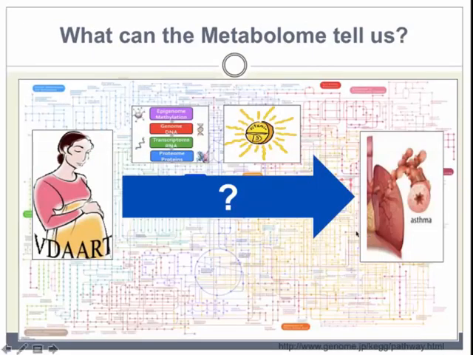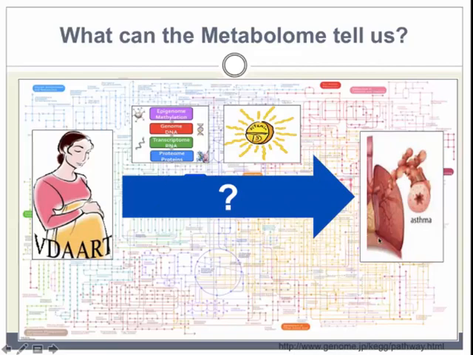Putting this pictorially, here we have the vitamin D cohort, the pregnant mothers given the high and low doses of vitamin D. We're really asking the question, can we identify any metabolites that would connect that with increased asthma? So low vitamin D, increased asthma; high vitamin D, decreased asthma.